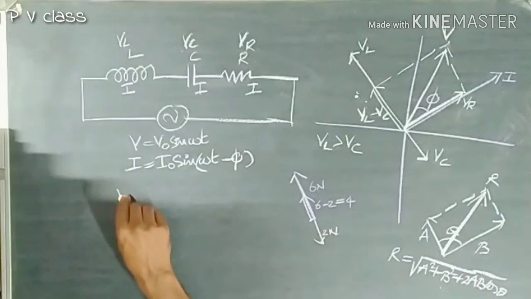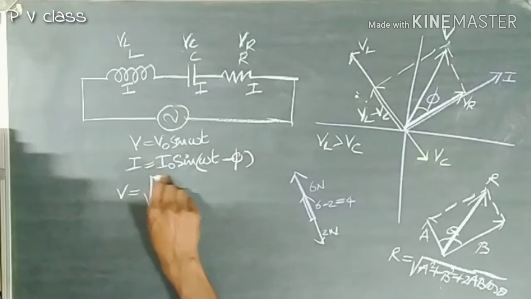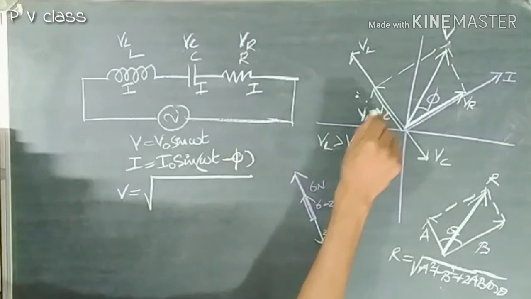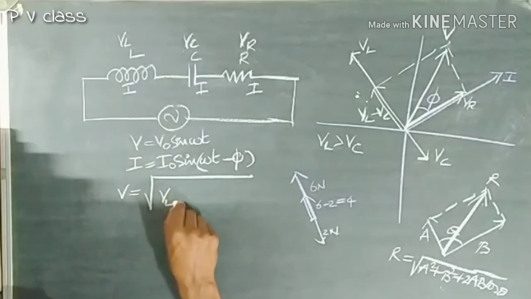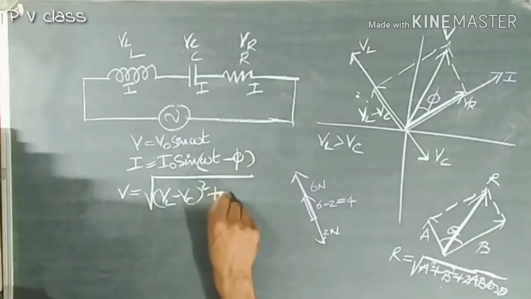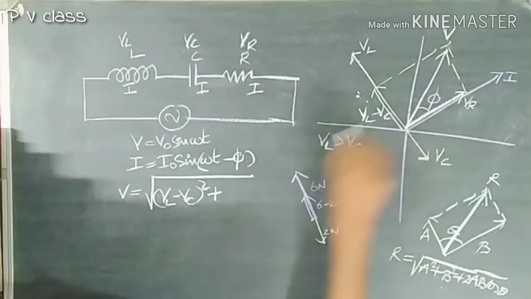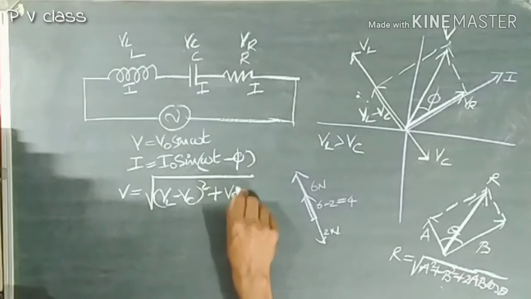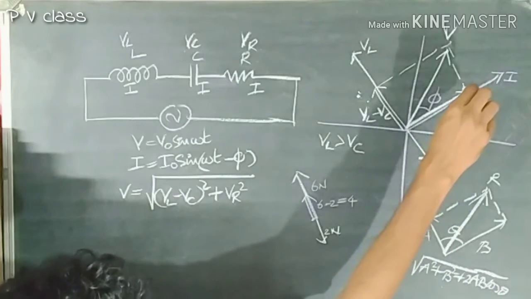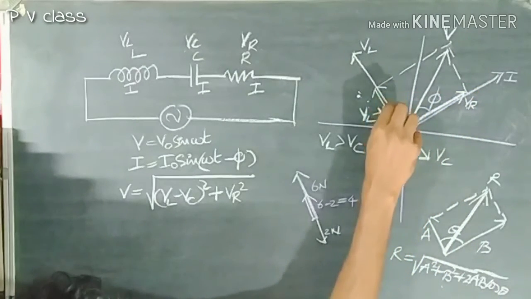You could say V is equal to root of, instead of A square, it is (VL minus VC) the whole square plus VR square plus 2AB cos theta. In this case, theta is the angle between VR and VL minus VC.